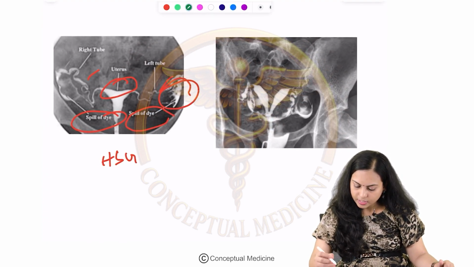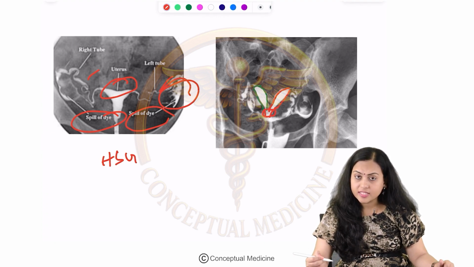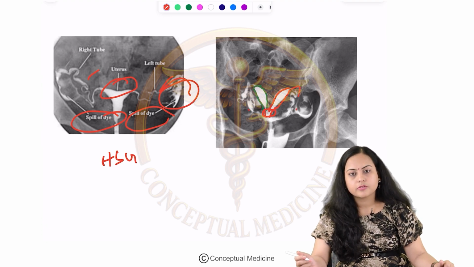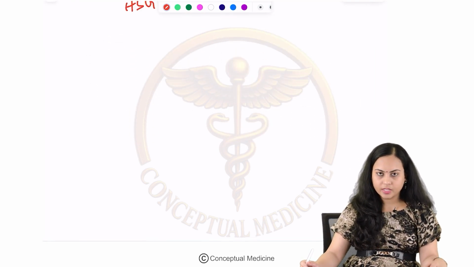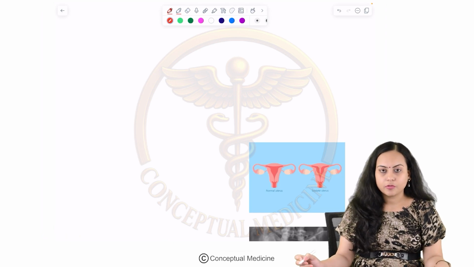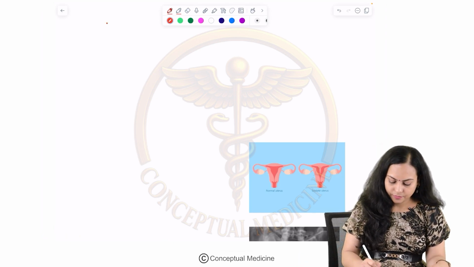So, you are able to see that there are two separate horns like this. Yes, you are able to see two separate horns, but they are ending up together in one single cervix. Okay. However, the tubes on both the sides are going to be normal. So, this is a uterine bicornuate hysterosalpingogram. Clear? Right. Next, we will see about septate uterus.